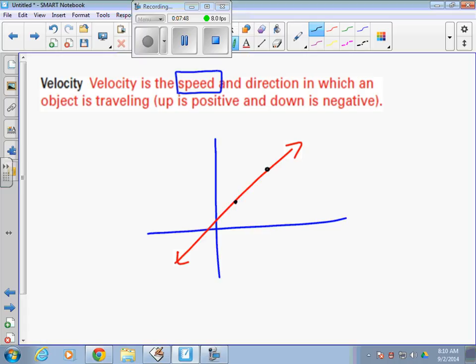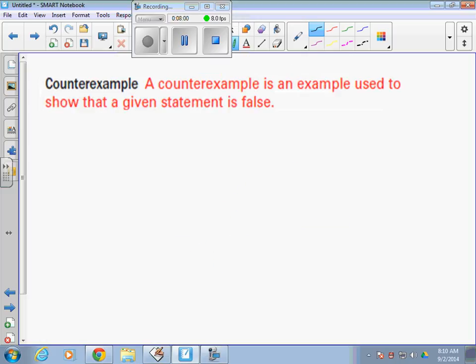But not only will you tell its speed, you'll tell that it's going positive. It's going up from, say, 6 miles an hour to 15 miles an hour. So just think of speed with a direction. It's velocity.